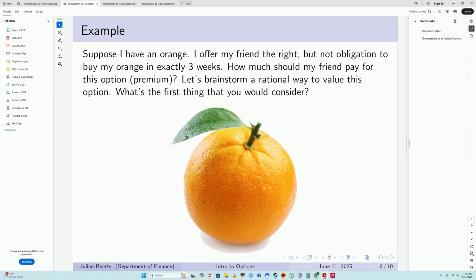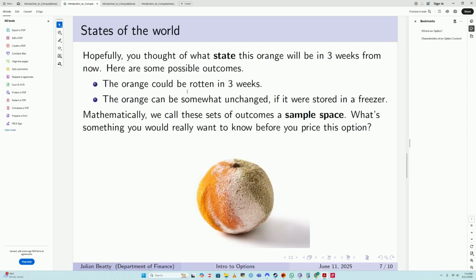So if I were to buy someone's orange in 3 weeks, the first thing I would want to know. So hopefully you've thought of what state the orange will be in 3 weeks from now. After all, if you're buying an orange in 3 weeks, it's important to think about what the orange would be in 3 weeks.